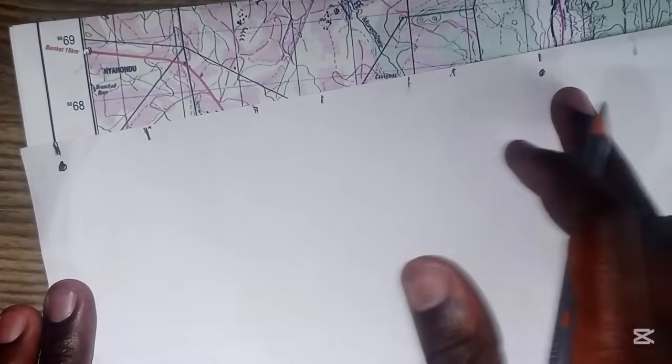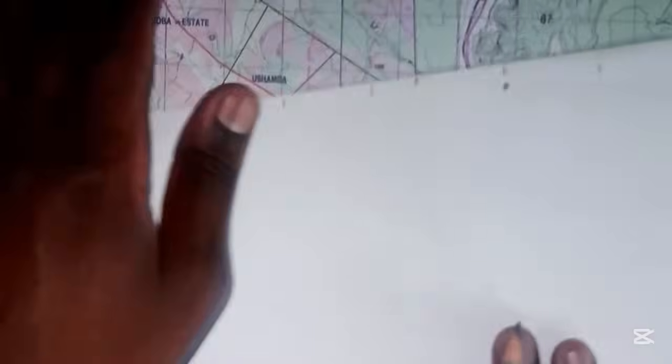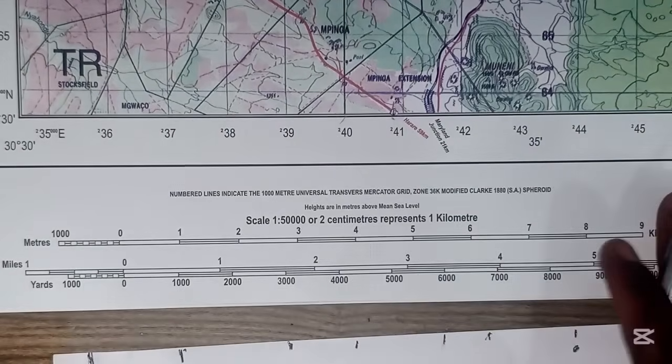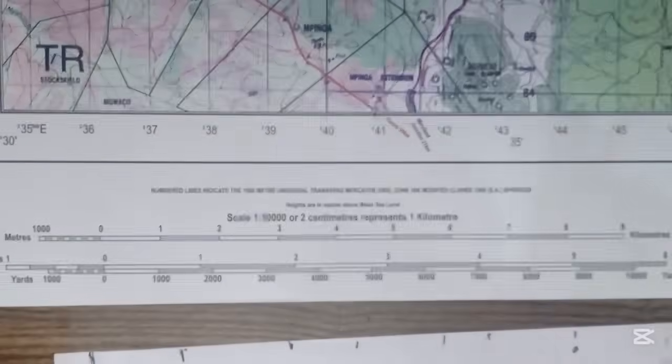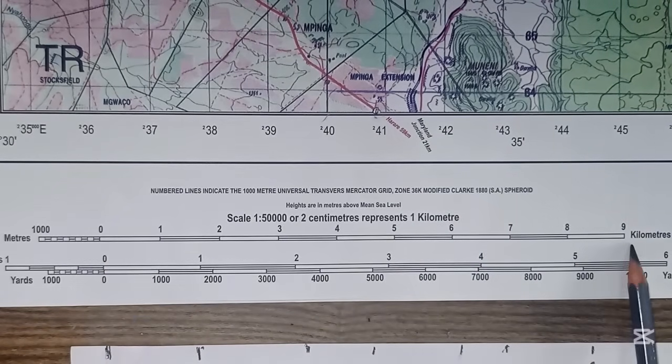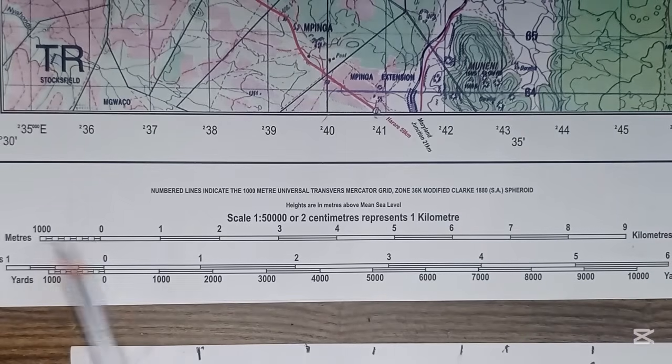So what do we do with this distance that we found? You take it to the scale. Remember, there is always a scale at the bottom of the map, and this scale is indicated in kilometers. So you have 1 kilometer here, starting from 0 all the way to 9 kilometers. And these smaller divisions are in meters.